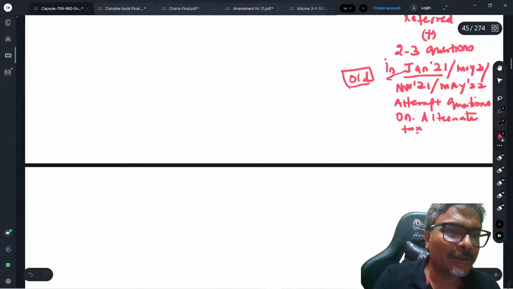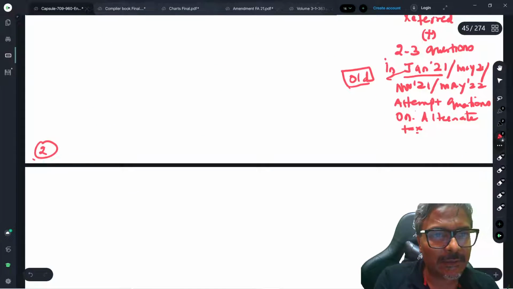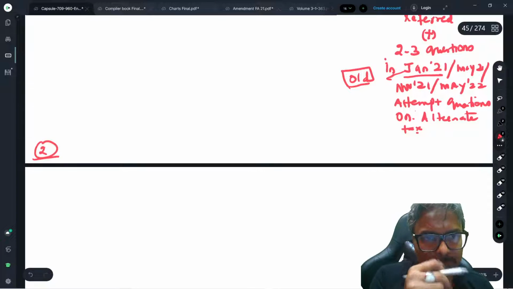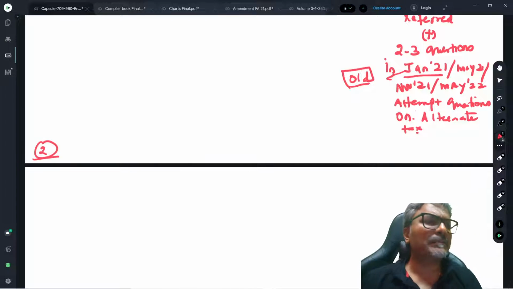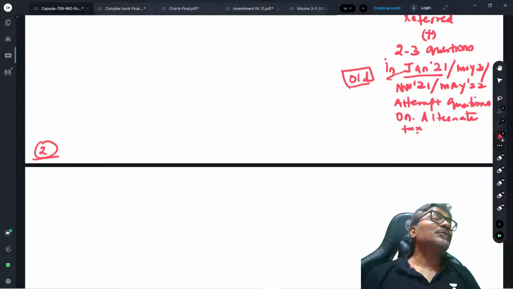Fine. Coming on. Point number 2. 40 marks is compulsory, students. And how do you score this? You have to develop a speed, students. I'm just listing down the topics in which you need to develop speed, and alternate tax regime is among them.